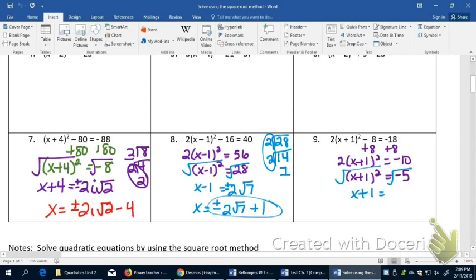Alright, the square root of negative 5 is i and then square root of 5. And then for the final answer, you'll subtract 1. Don't forget your plus or minus. And that's your answer.